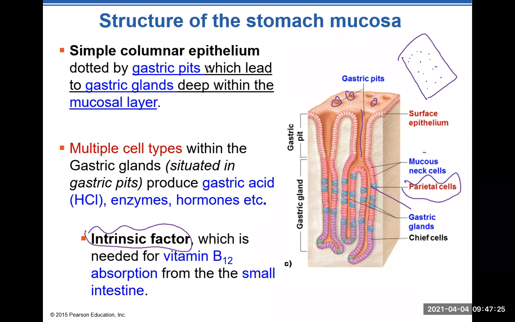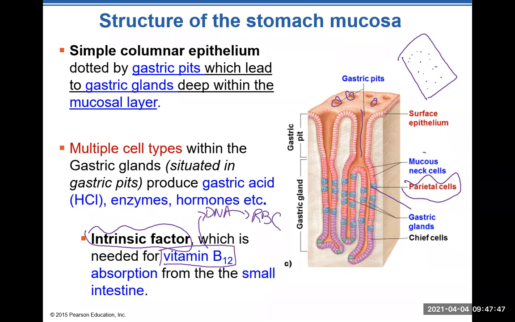Thank you. Absolutely. If you remember the blood chapter, we said that we need vitamin B12 for what? For the DNA replication of what? Of the RBCs.